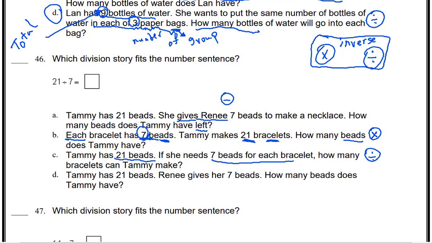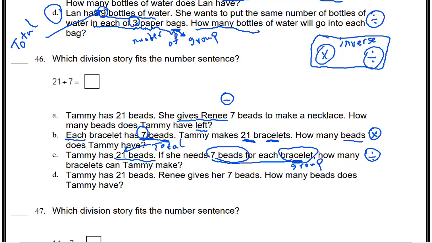Okay, this time because we have the total number 21. The 21 here is the total. And the 7 beads for each one bracelet. So the bracelet here is the group. So we have total and we have the number inside the group.